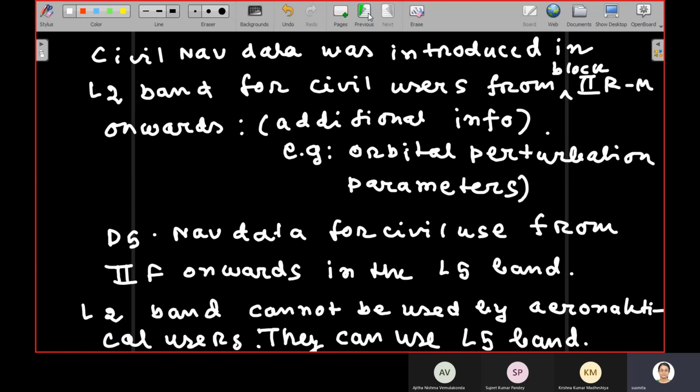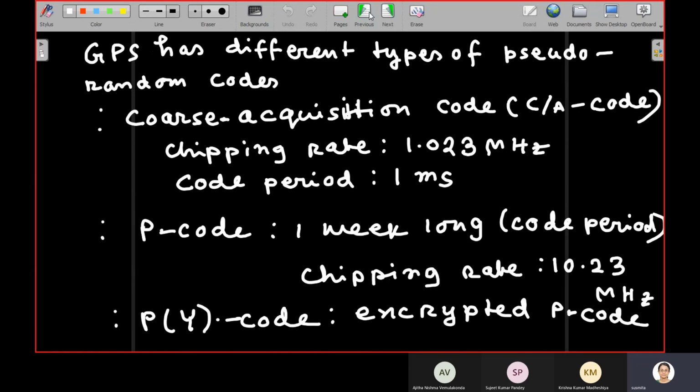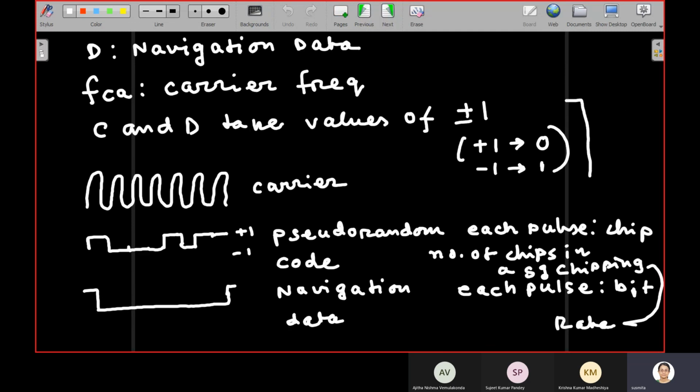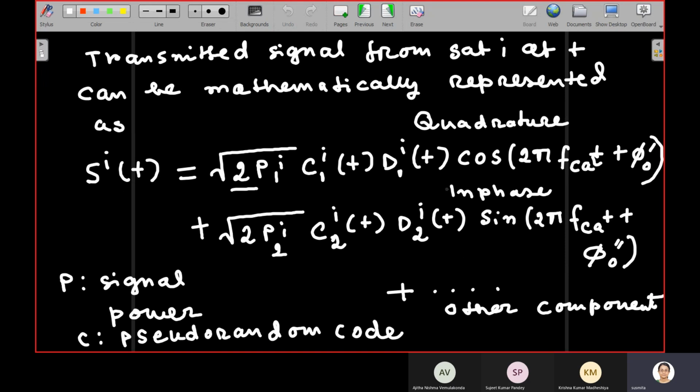Earlier I said that this plus minus 1, this we are using in our representation this way. So here we assume that C and D take plus or minus 1.